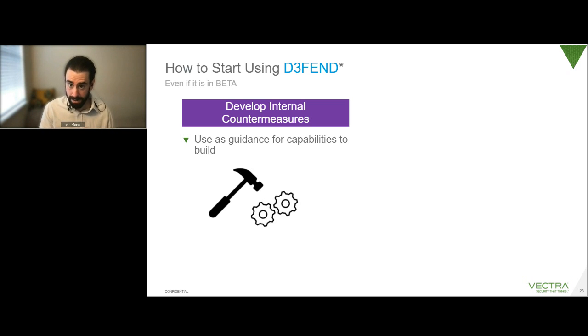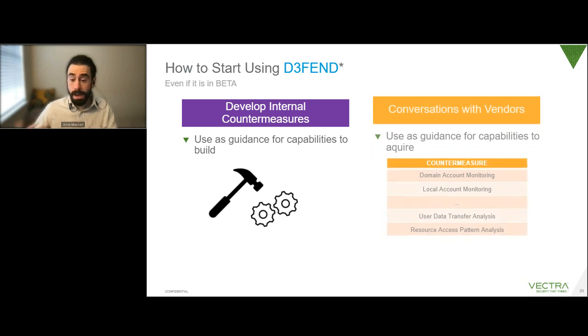This is great for teams that are able to build within their organization to develop countermeasures that fit within these concepts. It removes the need to research them yourselves, and it guides you in terms of what can be done in building a capability and a countermeasure.